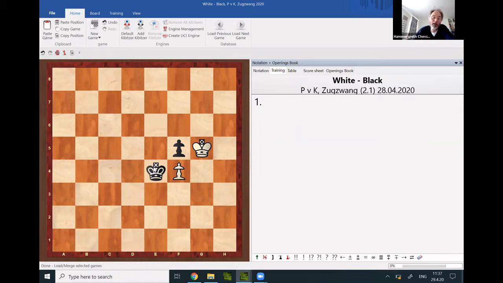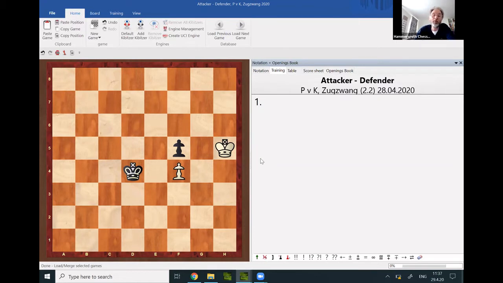You would prefer as white not to move when it's your turn, but unfortunately in chess you always have to make a move. We show a similar position, which is, of course, zugzwang. You have to know the principles of zugzwang.